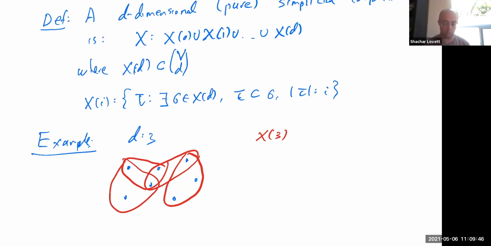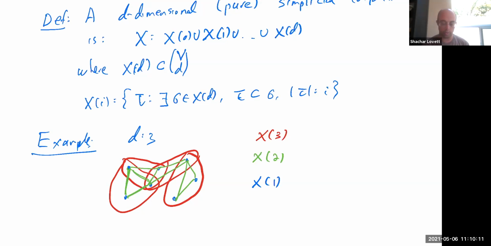And then X2 is going to be all the edges that are contained in some three-dimensional face. So that's going to be an edge, and this one, and this one, and so on. These are going to be the two-dimensional ones. And then X1 is just going to be all of our vertices that are contained in some triangle.